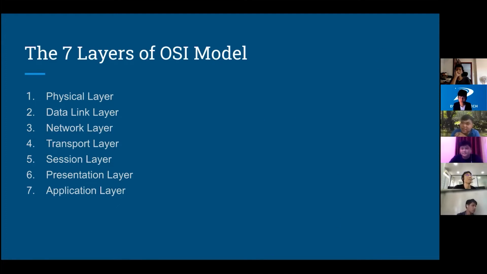Sorry, maybe it's not the question, but it seems like when we use layer 7, and from what you say, maybe layer 6 and 5 work behind the scene, right?